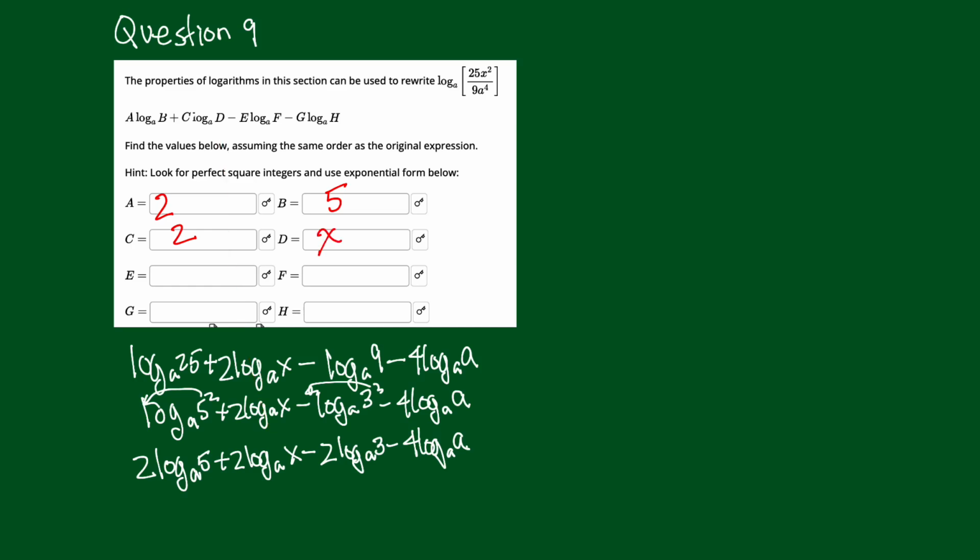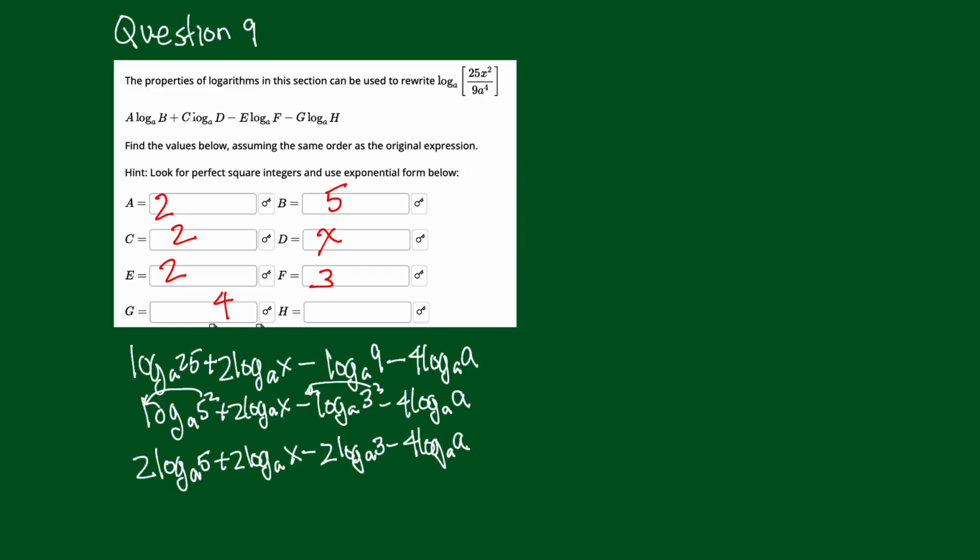And then E is that third multiplier. That's going to be a 2. And F, where's F? Right there. F is that fourth argument. The fourth argument is that 3. So I'll put a 3 here. Then G is that last multiplier, which is 4.